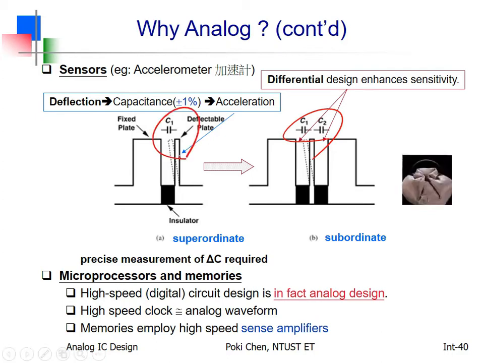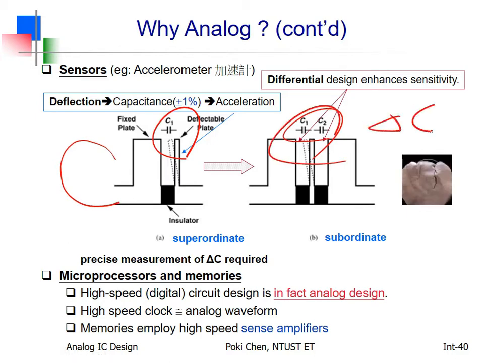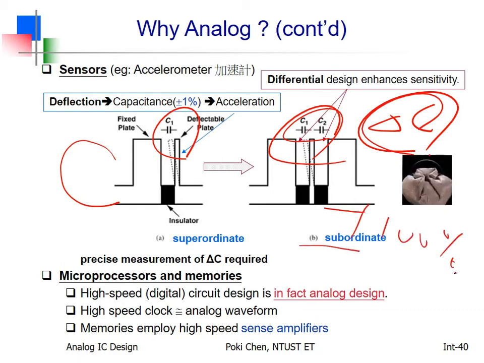Here, we sense the absolute value of the capacitance. There, we only sense the capacitance difference. So it means what? Here, for the difference, we sense positive, negative 100%. Got it? And there, positive, negative 1%.